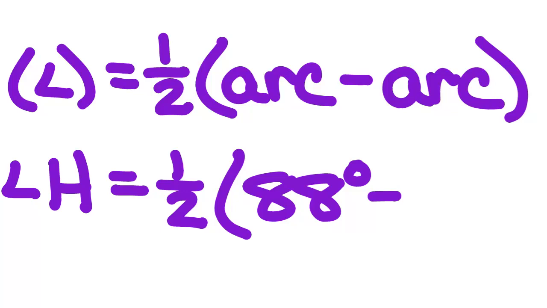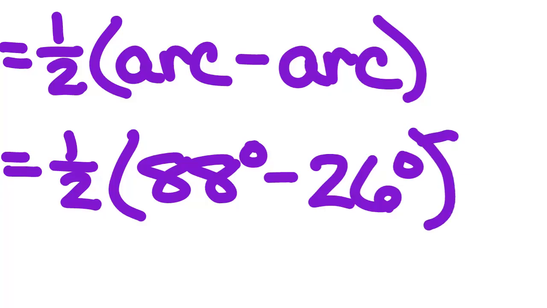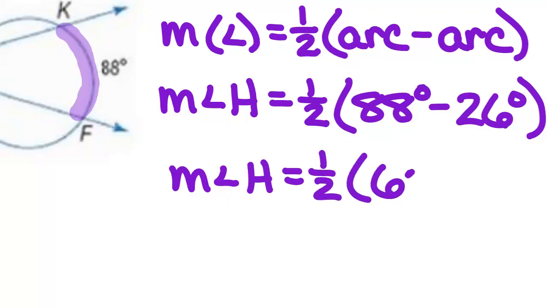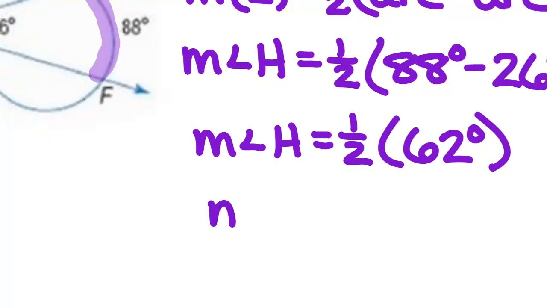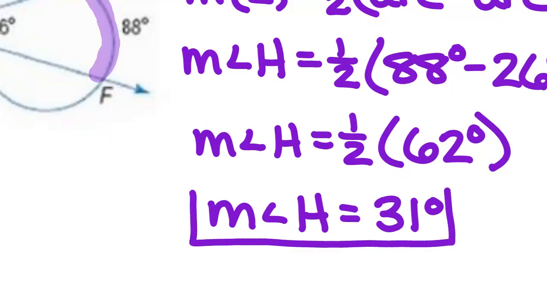Which one is the smaller arc? 26. 88 minus 26, and then I want half of that. What is 88 minus 26? 62. So half of 62 degrees. What is half of 62? 31. So angle H is 31 degrees.